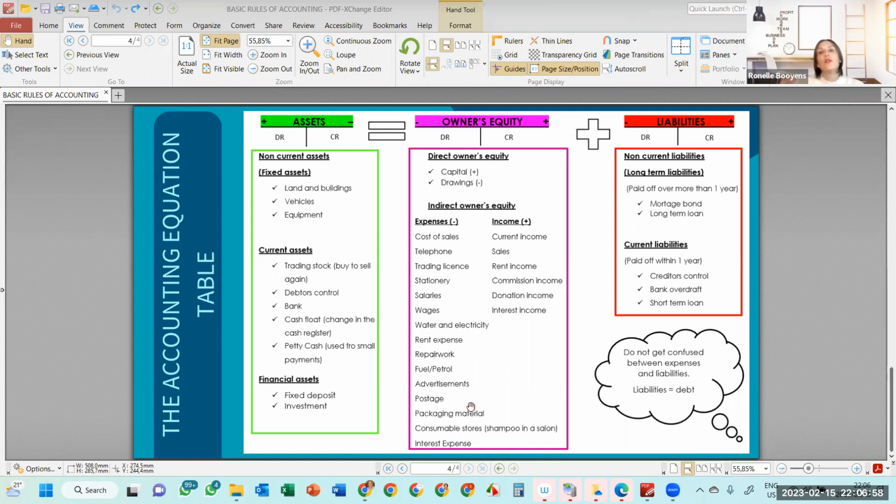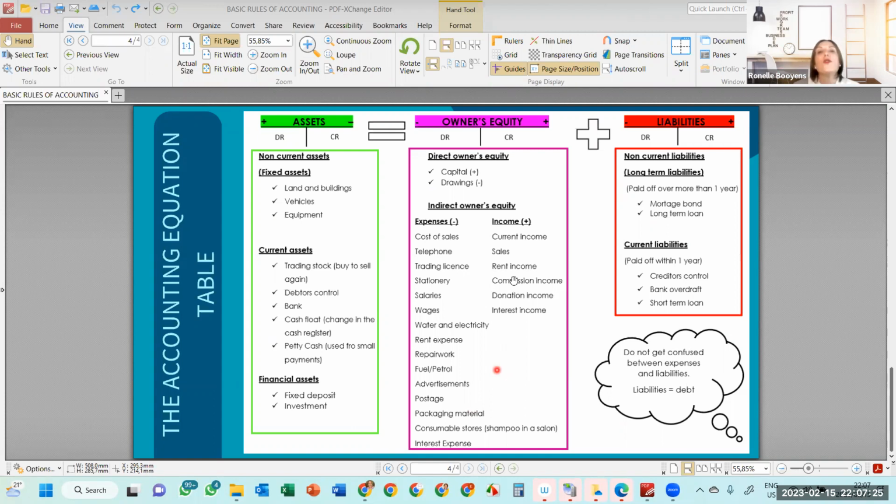There's less for the owner to take home at the end of the month or at the end of the year. So people, that is why it's important to keep track of the business's expenses. The more expenses there are, the less profit this business will show, and therefore the less money is owed to the owner by the business. So we must try and limit expenses within the business.